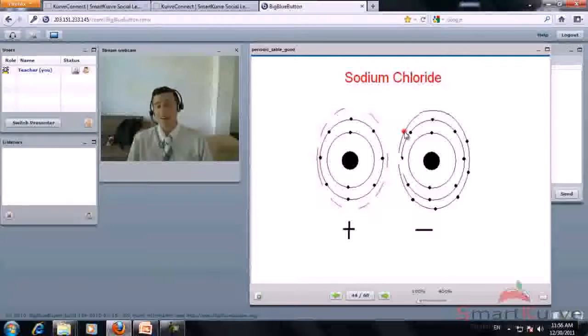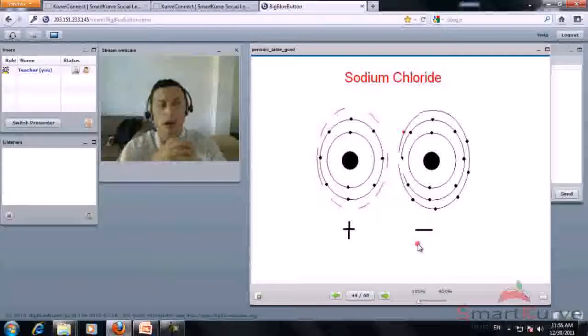So that's like 18 minus. So for the chlorine, we've got 17 plus, 18 minus, that's a total of minus 1. So we say that the chlorine has a negative charge. So our sodium has plus 1, or positive. Our chlorine has minus 1, or negative.